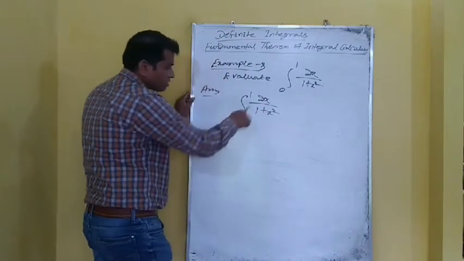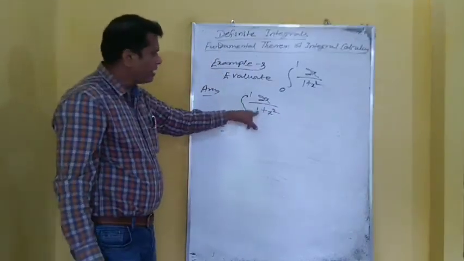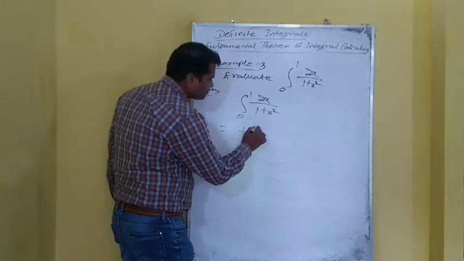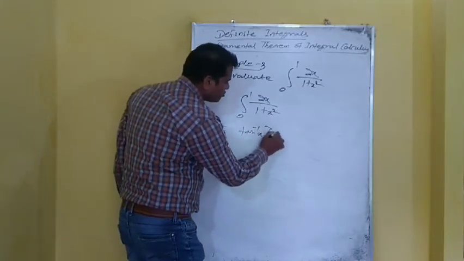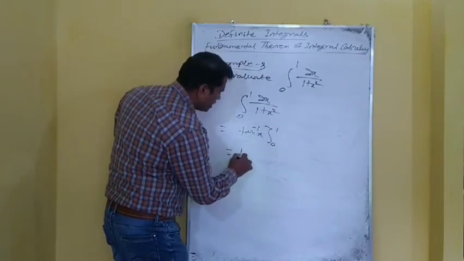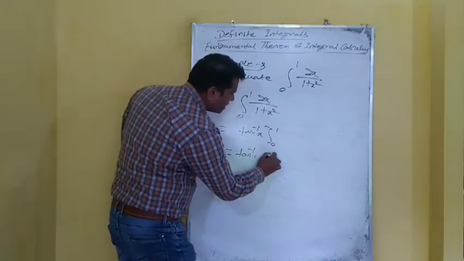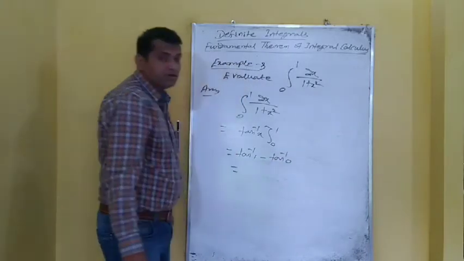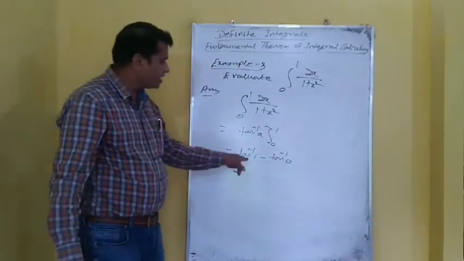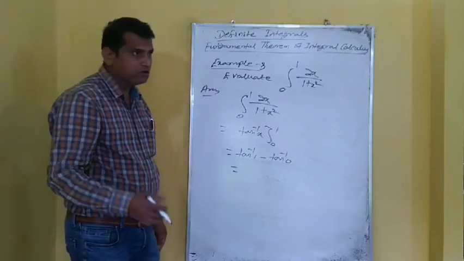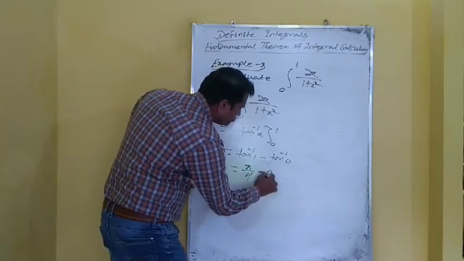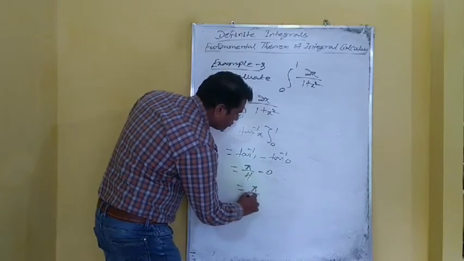You know the integral of 1 by 1 plus x square is tan inverse x, from 0 to 1, that is equal to tan inverse 1 minus tan inverse 0. You know the value of tan inverse 1 is pi by 4, minus 0, that is equal to pi by 4.